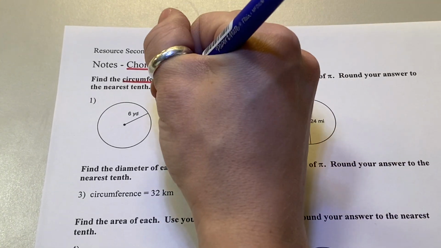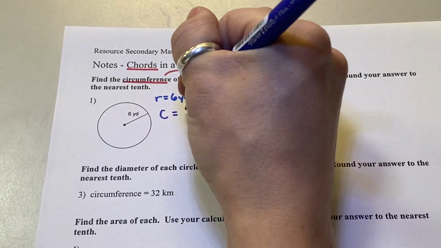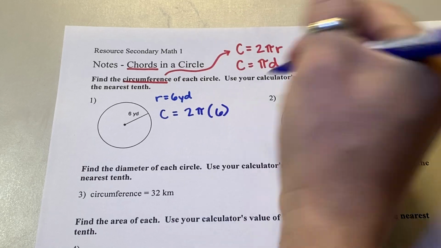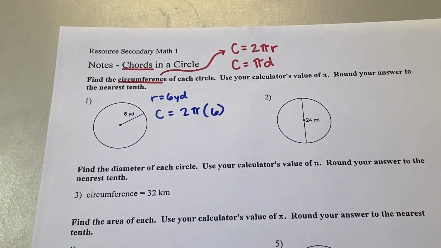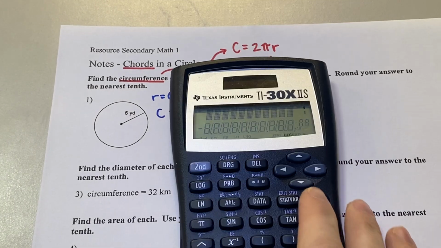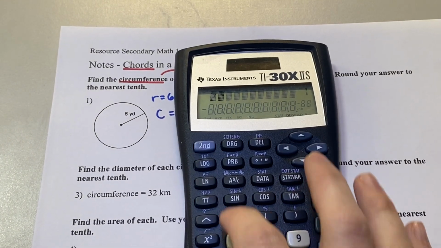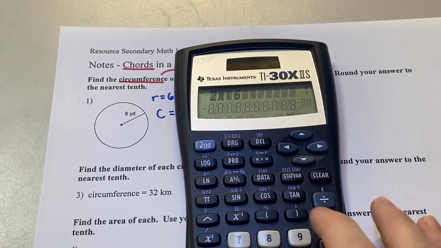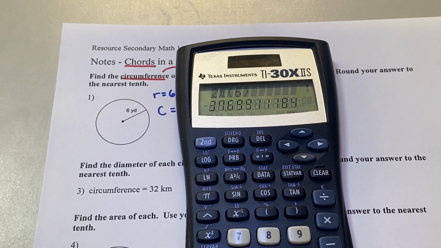Okay, so that means to find our circumference, we're going to plug in 2 times pi times my radius of 6. This is where you're going to want a calculator because we have our pi button. So I have 2 times pi. I like to put whatever I'm plugging in the parentheses. That just means I plugged something in. Times 6.